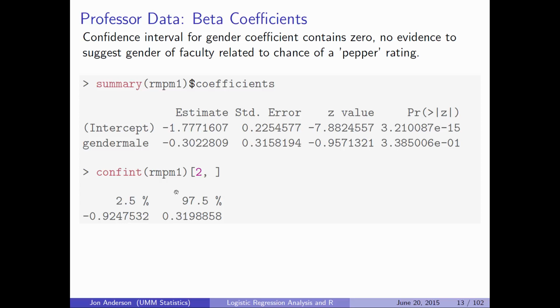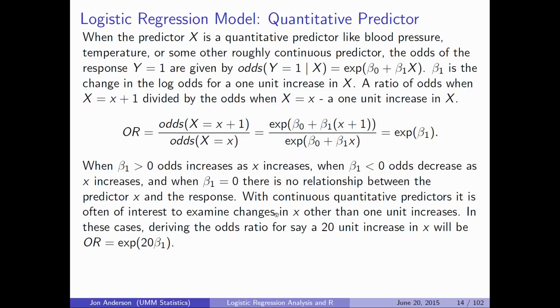Notice that if you make a confidence interval for that beta parameter, the confidence interval contains 0, and so there's really not enough evidence to suggest that the underlying beta 1 parameter differs from 0. Or in other words, there's really not enough evidence to say that male or female faculty members get a different risk of a pepper rating. And that would be a simple example of what we're talking about.